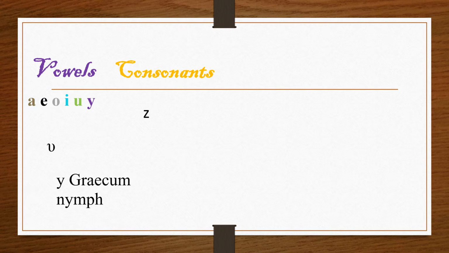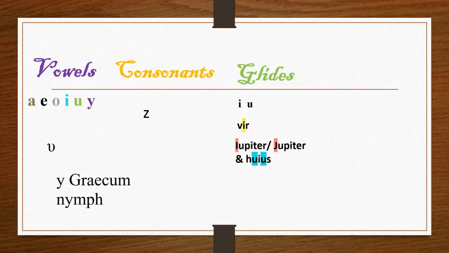Apart from the above, there is also the term glides. The two glides are the letters I and U, and they can act either as vowels or as consonants. To be more specific, the letter I in the word vir functions as a vowel, whilst in the words Jupiter and huius it appears as a consonant, and this is why it can be symbolized as a J instead of an I. The explanation is simple.